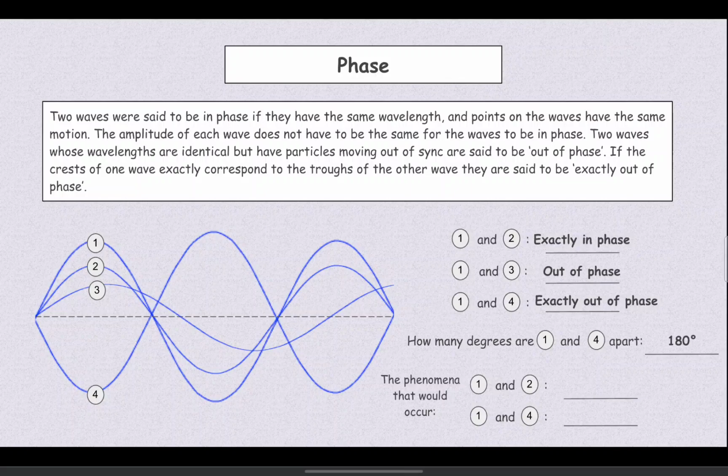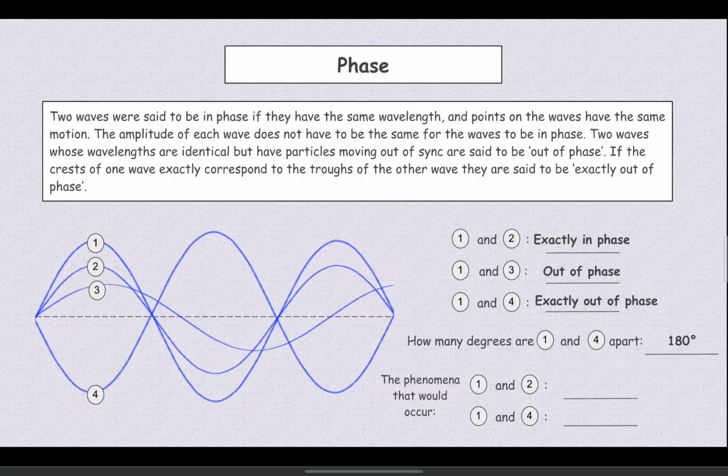And then, this is something we'll go into later, but if you do know, you might have learned it in level 2, you might not have, which phenomena would occur at these positions, have a go. If not, I'll go over it briefly now, but more in detail later on.